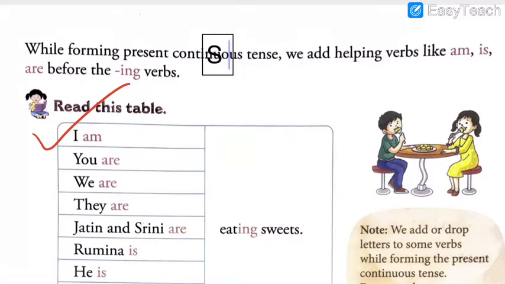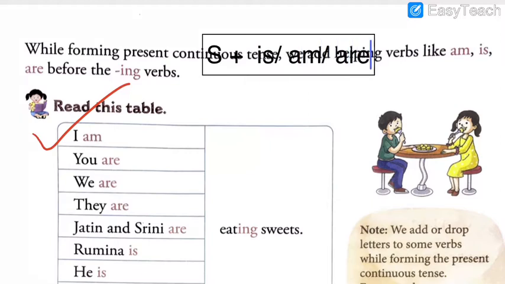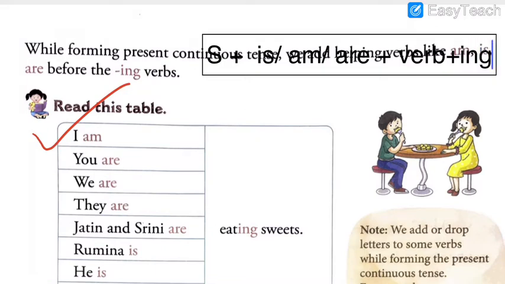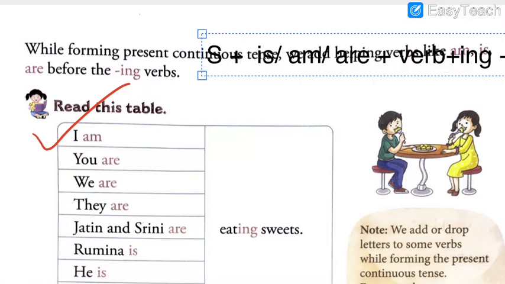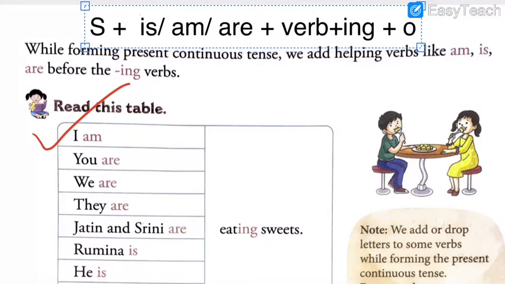It's subject plus is or am or are plus verb plus ing plus object. So this is the formula for the present continuous form of tense.